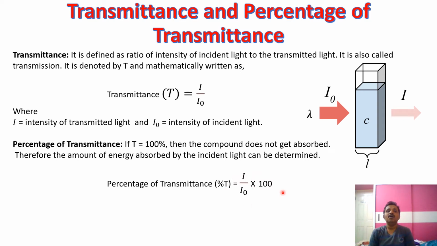It gives you the percentage of transmittance taking place, which means how much of the intensity is absorbed by the sample. The percentage of intensity absorbed by the sample can be identified by this formula.